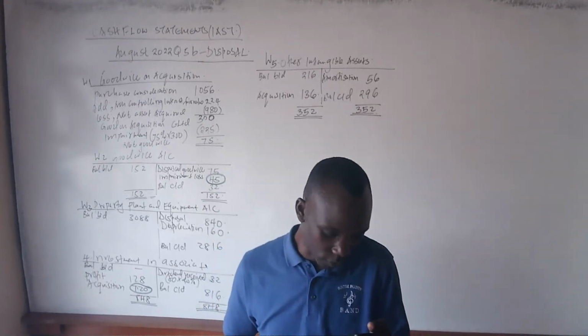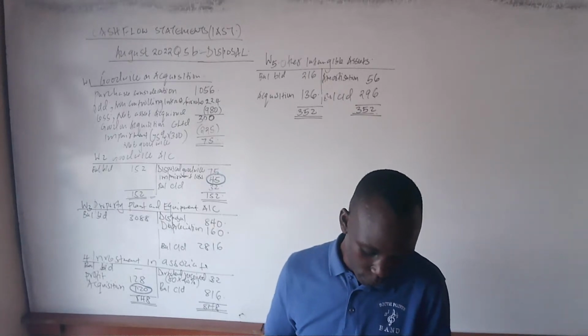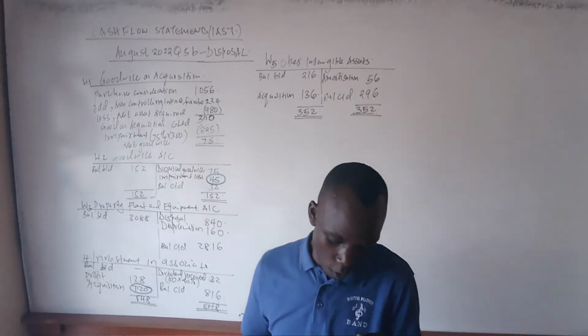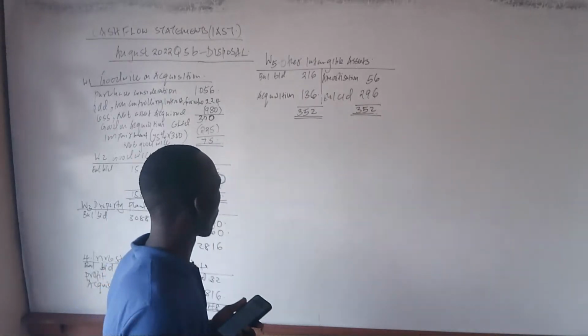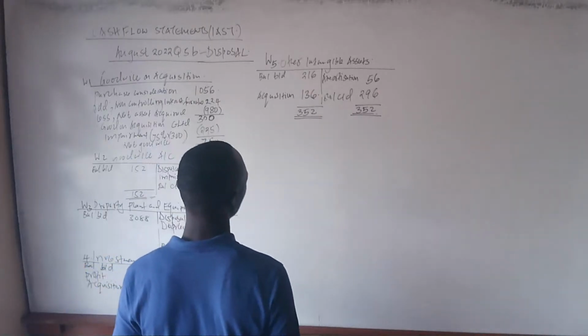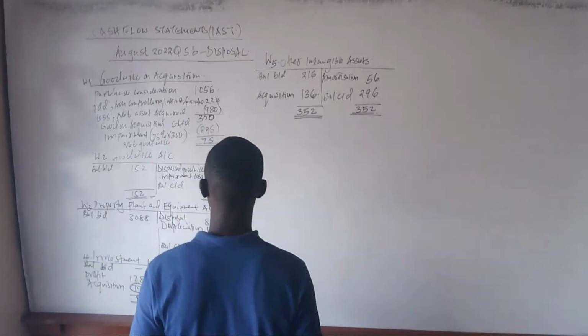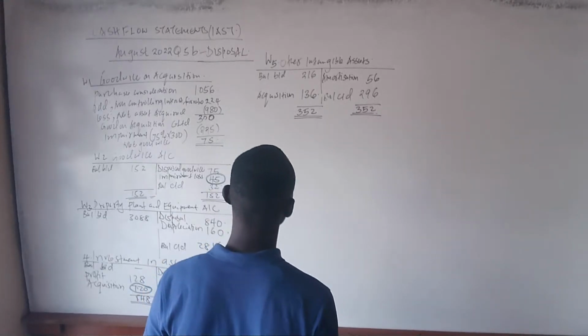Exchange gains and losses are included in other operating income or expenses. So therefore, we have the translation exchange. Let us look at the exchange, whether it's a gain or loss, on translation.